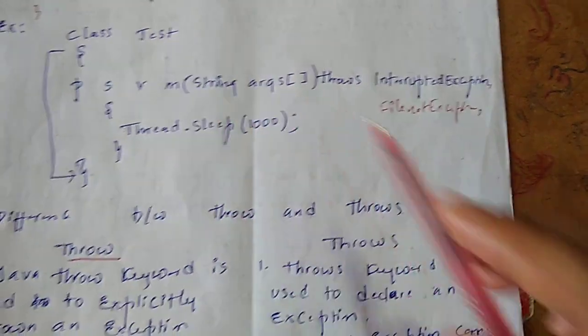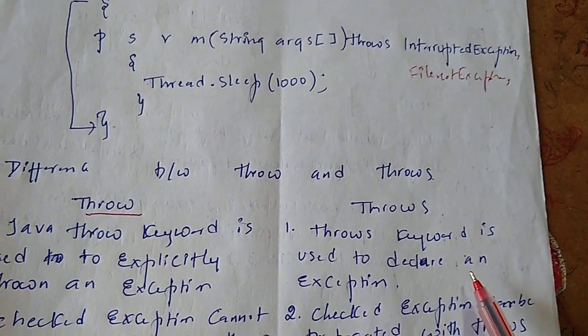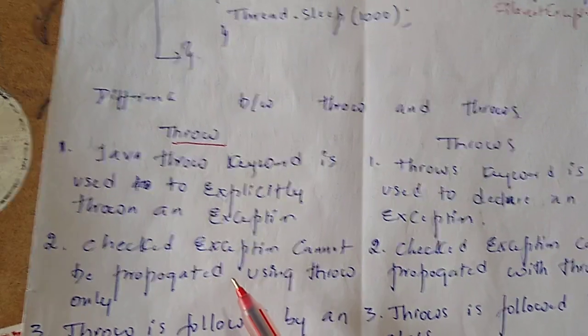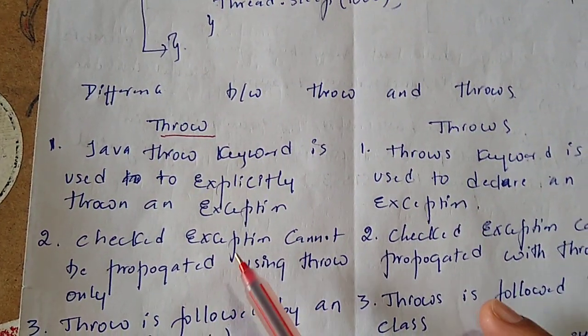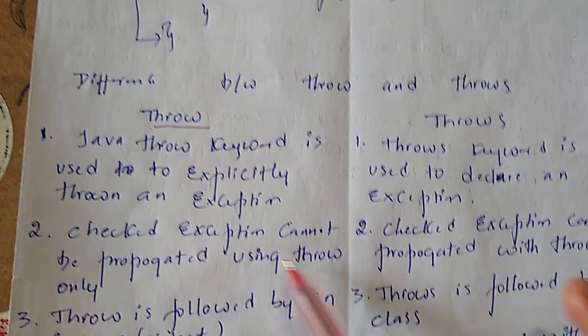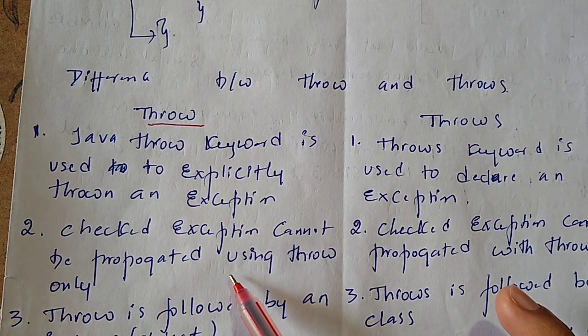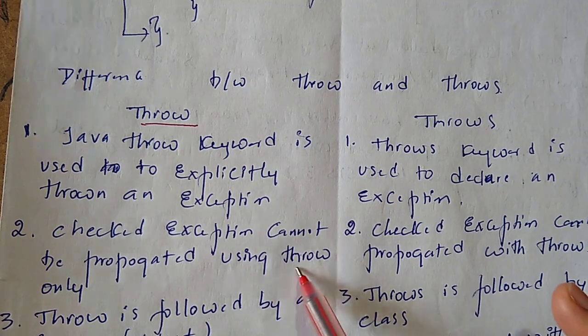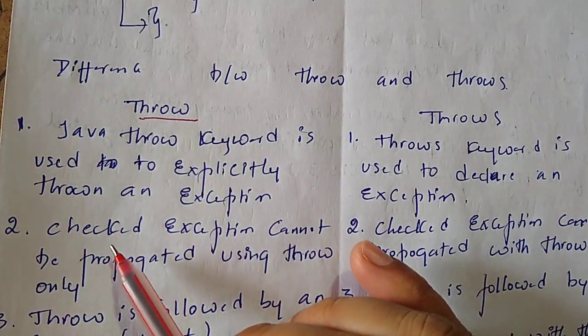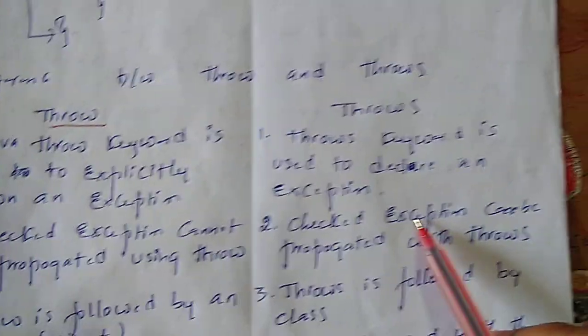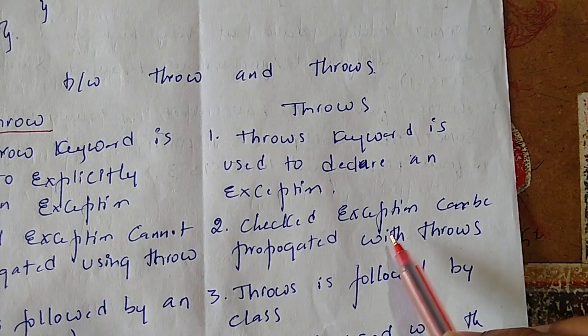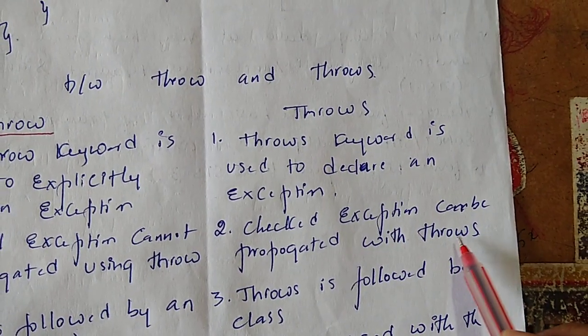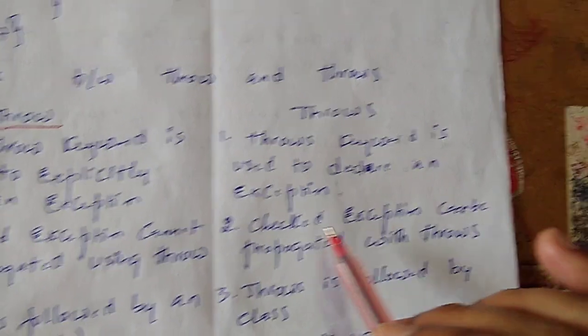That's the meaning: throws is used to declare an exception. The second difference: a checked exception cannot be propagated using the throw keyword. Just by using throw, we can't deal with a checked exception. A checked exception can be propagated through the throws keyword.